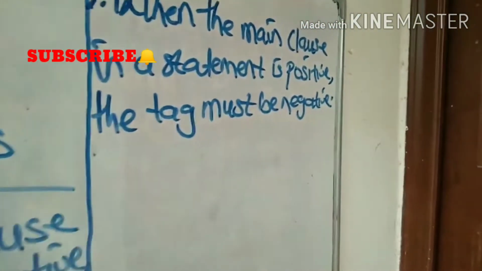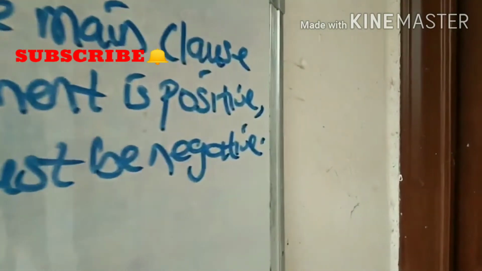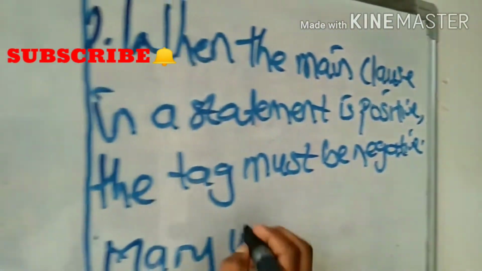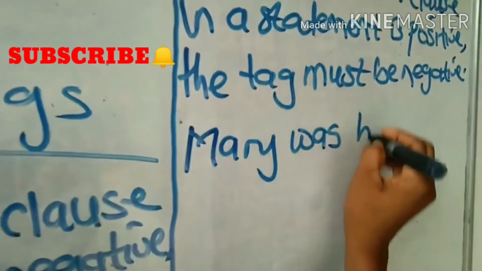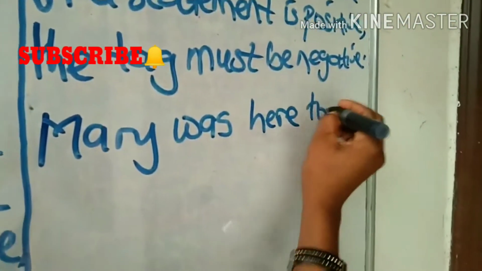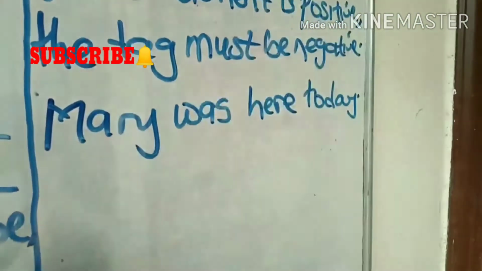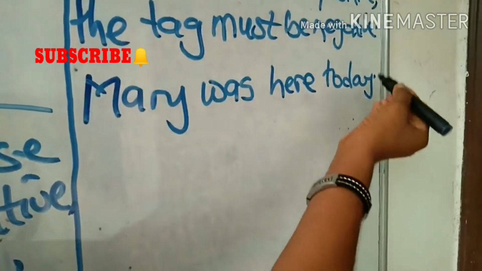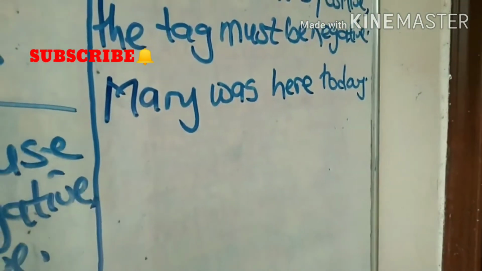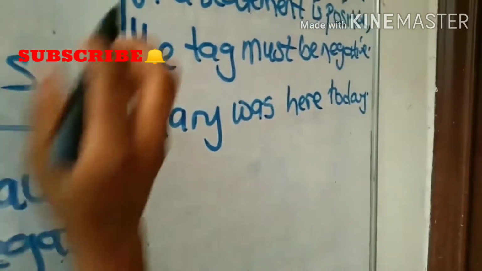Okay, let's take an example. Mary was here today. That's a statement. And remember, there's also a full stop at the end of a statement. Now we're going to form the tag. Look at what the rule says.